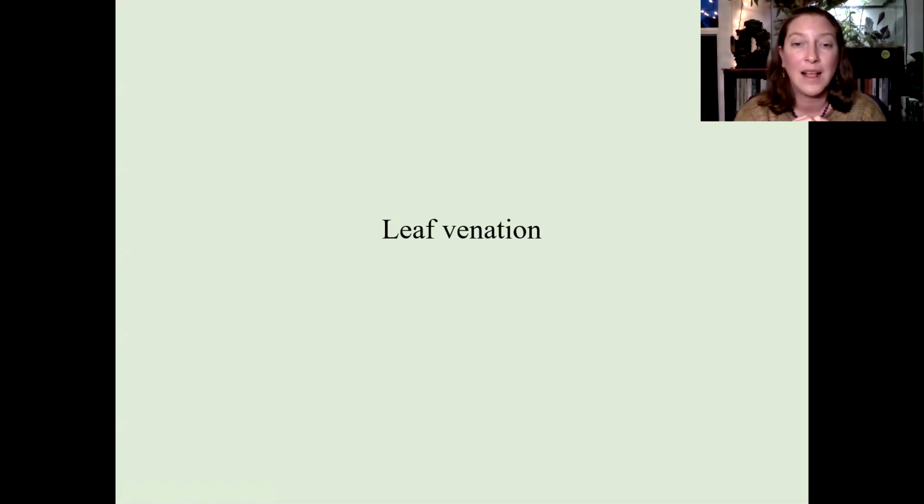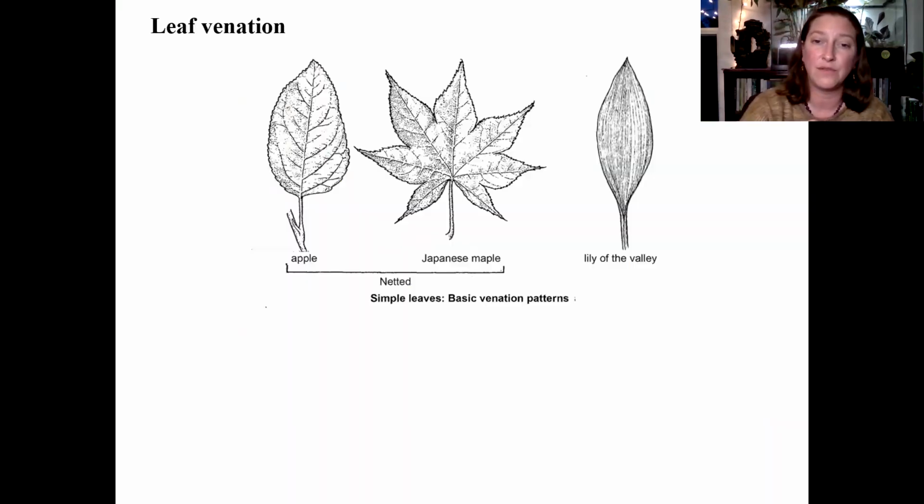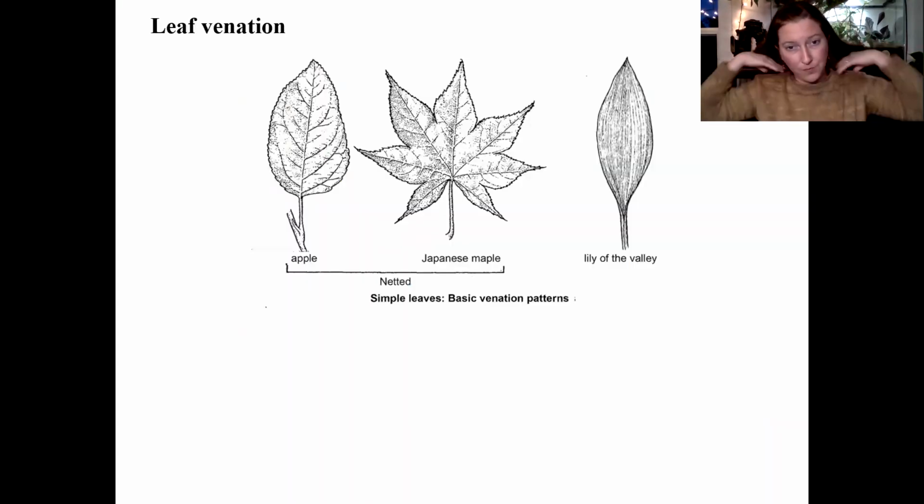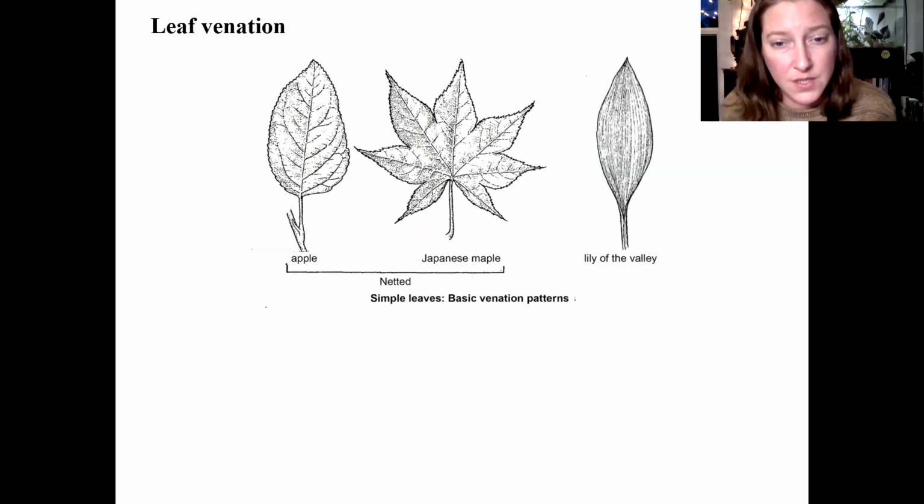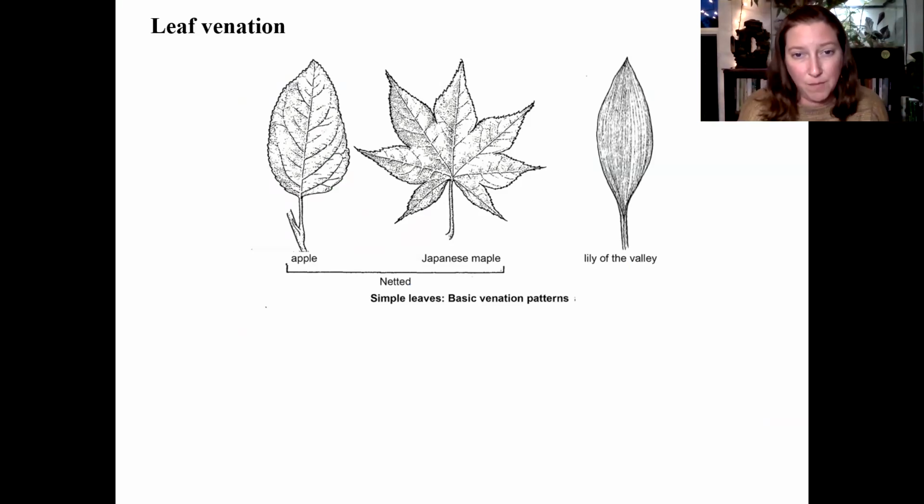Next, we'll talk about leaf venation, which just means the veins in a leaf. So here you go. These are some simple leaves showing you some basic venation patterns, right? Patterns of leaf veins.